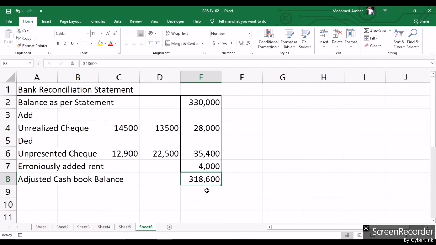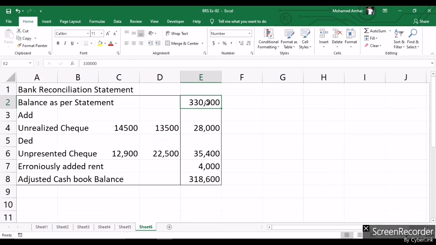Okay, right. Next, an amount of 4,000 is erroneously recorded by the bank as rent received. So this 330,000 includes that 4,000 also.